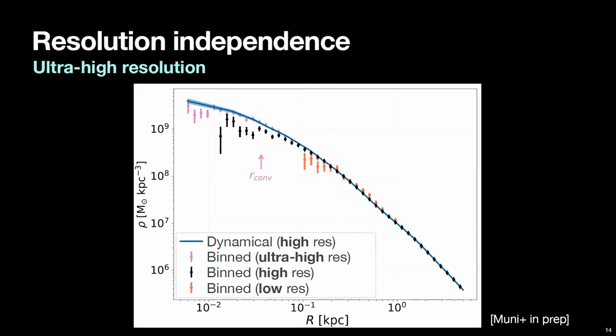This is just to show that the results that we recover from the low resolution seem to agree in the case of the high res as well. So when we're comparing the high res to the ultra high res, the dynamical profile seems to show the same properties that we saw for the low res. And this is just to show that our method seems to be resolution independent. So it doesn't matter what the original resolution of your simulation is, this method should return the same results anyway.